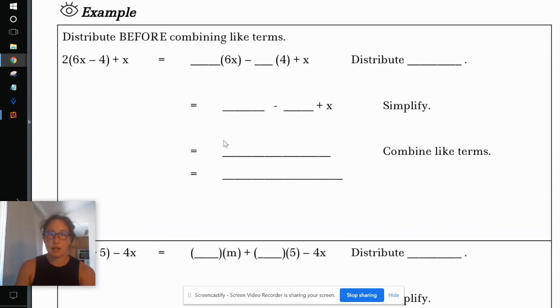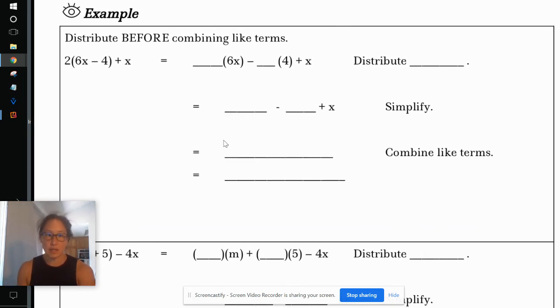Okay. All right, some trickier examples. We're going to distribute and then combine like terms, okay? So I cannot simplify 6x minus 4, so I'm going to go ahead and simplify by distributing. So 2 times 6x plus 2 times negative 4.